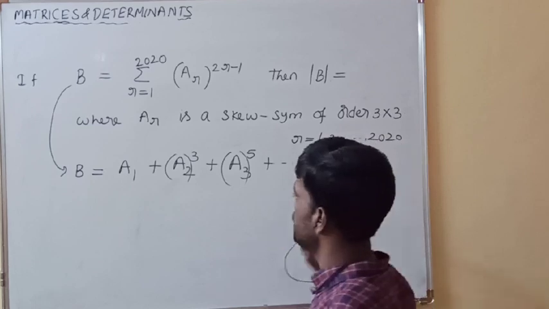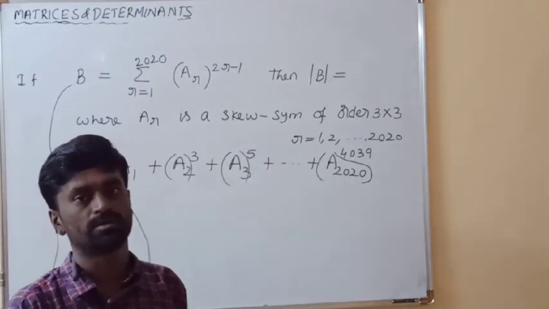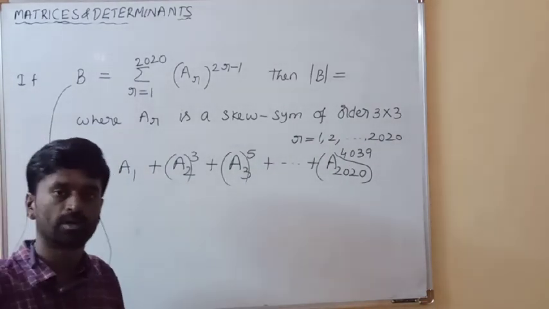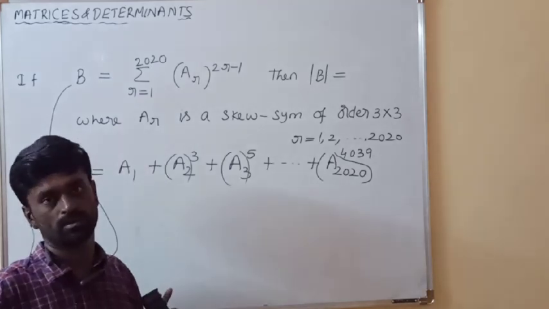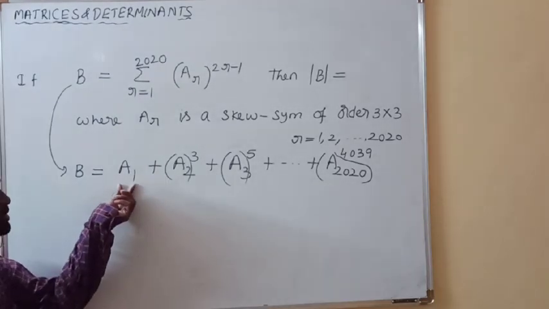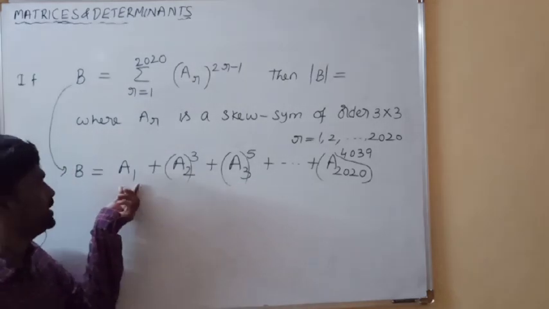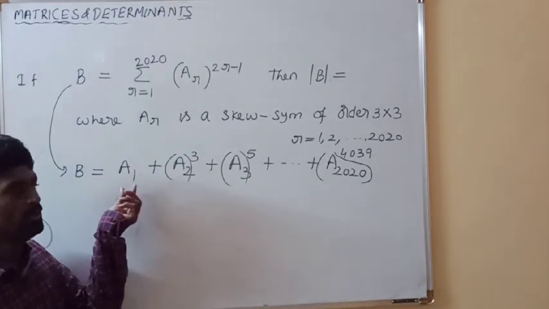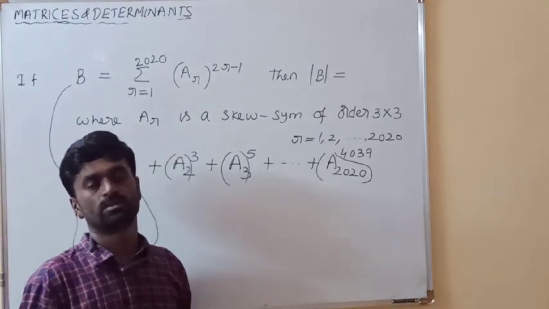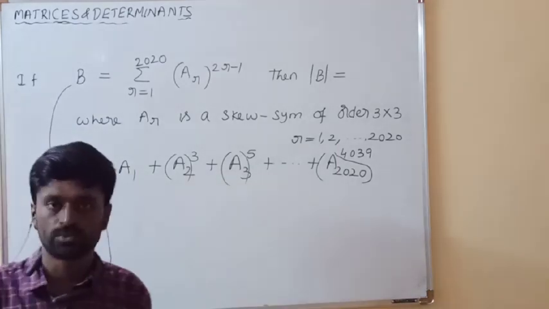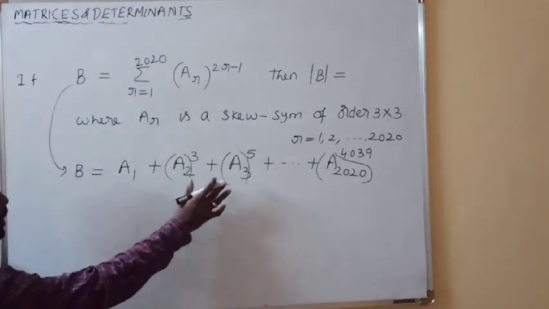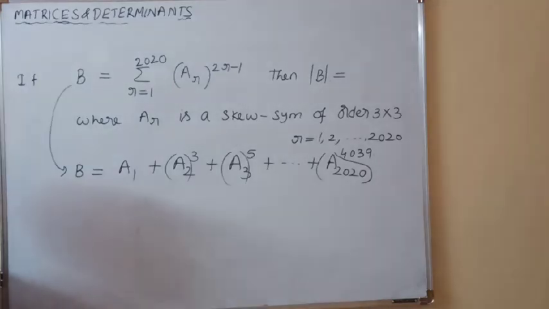And the sum of skew symmetric matrices is also skew symmetric. So here each term is a skew symmetric matrix, then the sum of all these skew symmetric matrices is also skew symmetric. That means this whole sum, B, is a skew symmetric matrix.